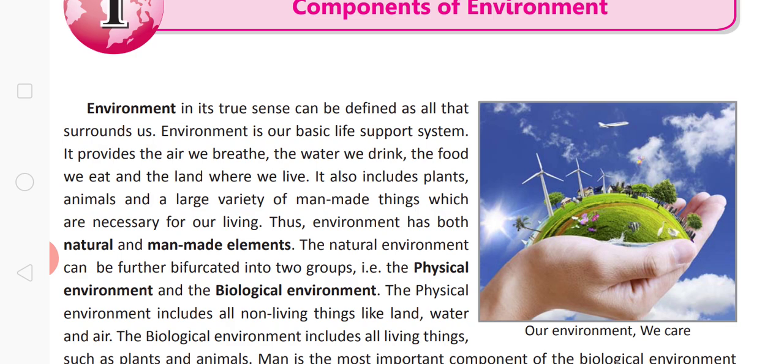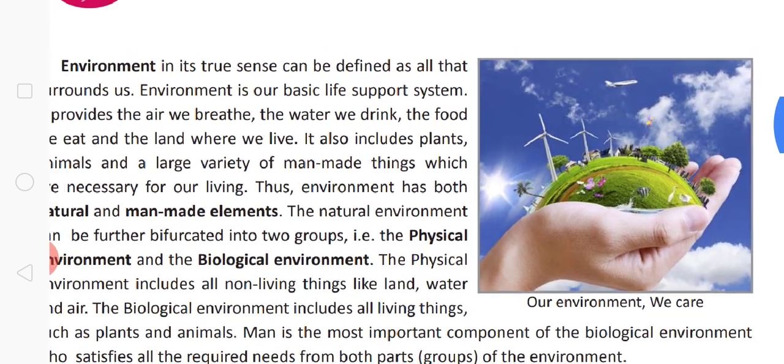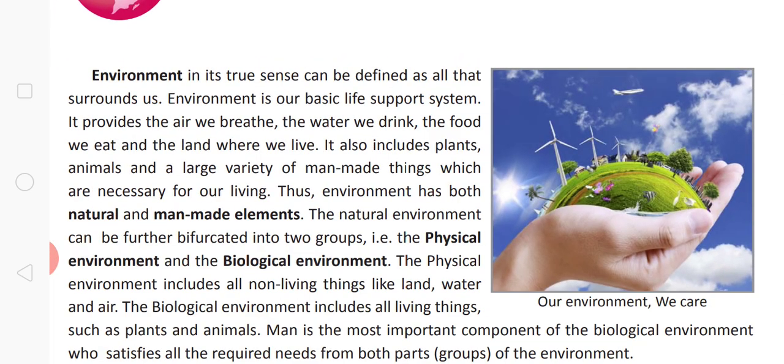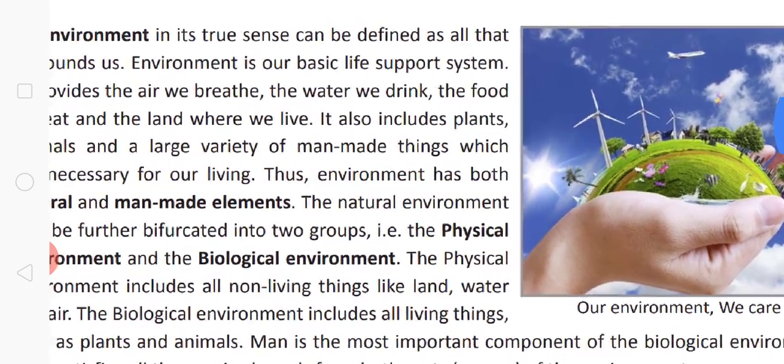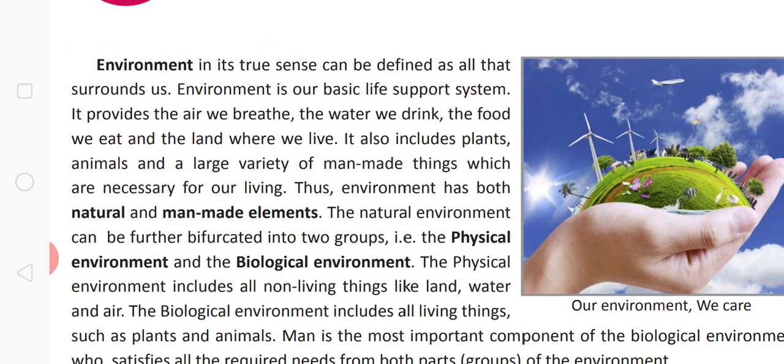Environment is our basic life support system. It provides the air we breathe, the water we drink, the food we eat, and the land where we live. That means anything by which you are surrounded, it is your environment.